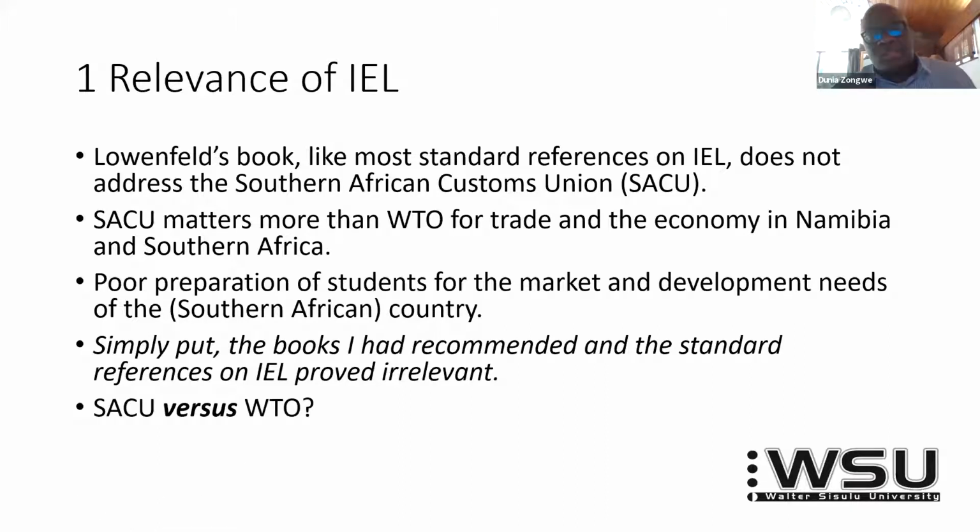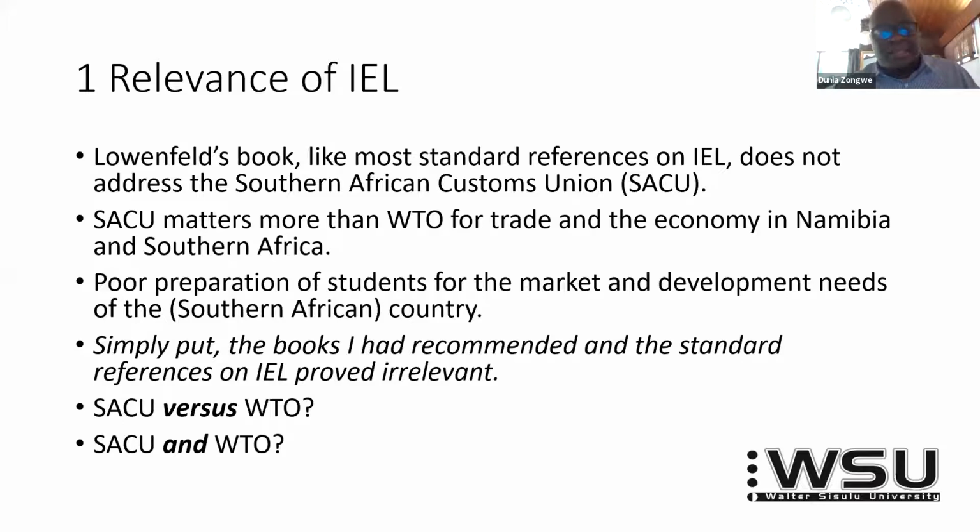But some of you may say, no, but I do not have to oppose SACU to the WTO because the WTO does provide for free trade areas and customs unions. In other words, you could say that by explaining or discussing free trade, which most of the standard references do, I could simply incorporate information on SACU.